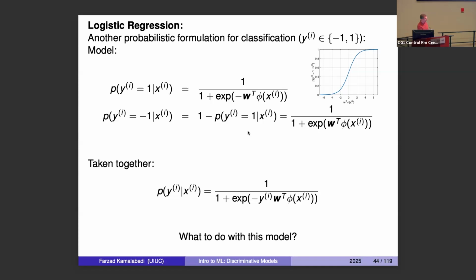Okay, and then if I write the specific form of the probability mass function, which is the term for the probability density function of a discrete random variable, what you see is that the probability of the class being equal to 1 given the data has this form of a sigmoid function, 1 over 1 plus exponential of negative w transpose phi of x.